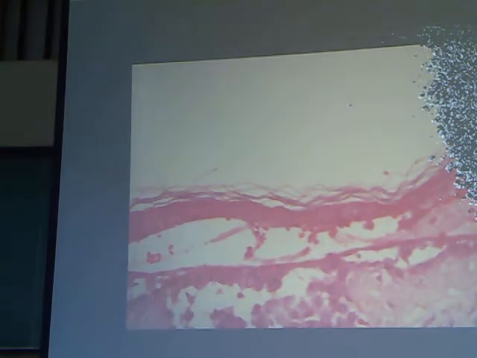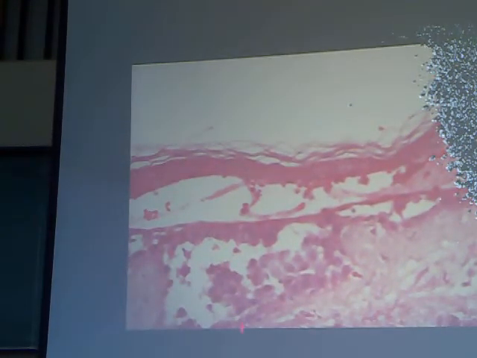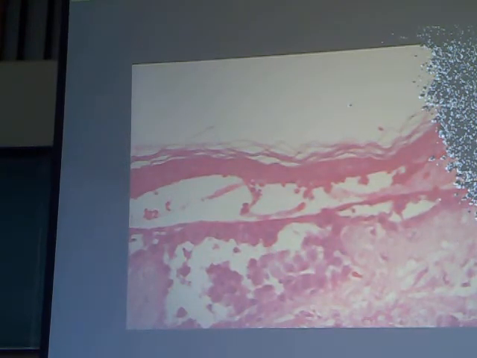Some forms of blister will develop immediately below the basement membrane of the stratified squamous epithelium. Some forms of pemphigus will show blisters immediately below the stratum corneum, so that the stratum spinosum will still be attached to the stratum basale.